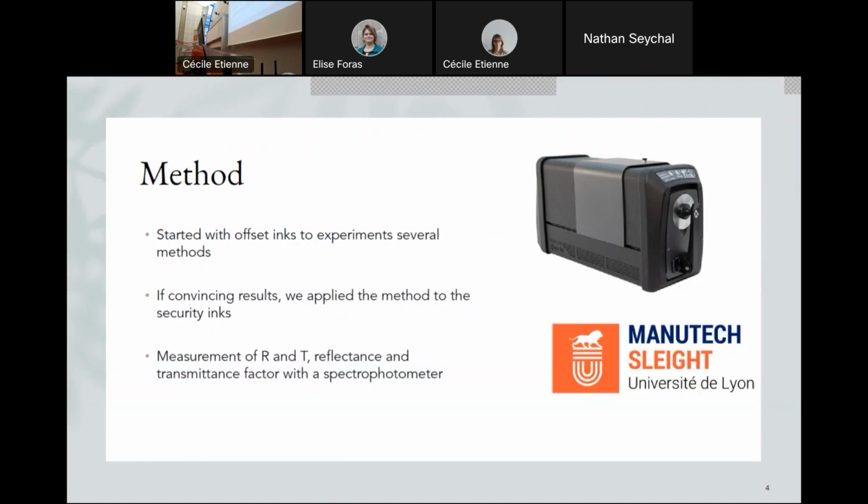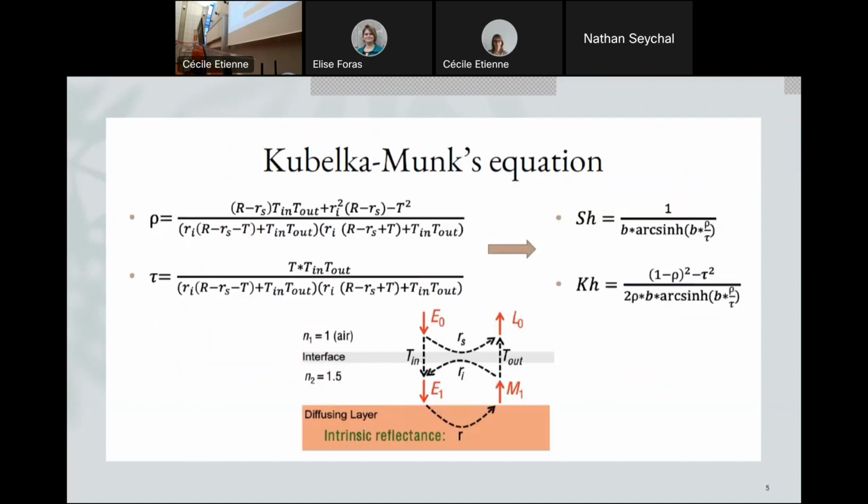For the measurement, we used a spectrophotometer, which allowed us to obtain the reflectance and transmittance factor of the inks. So we used the Kubelka-Munk model, which is the main model for light scattering, and added a Saunderson correction, which adds precision by taking into account the reflection at the layers' interfaces.